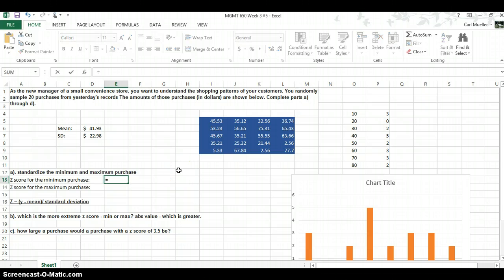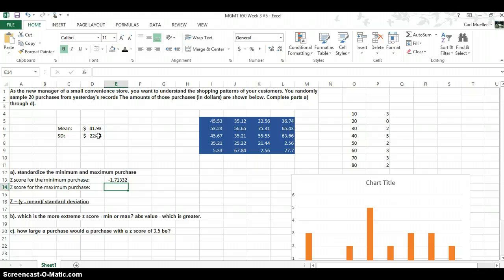So we're going to take 2.56 minus your mean, and then divide by the standard deviation. Close the brackets, and that's our z-score for the minimum purchase.